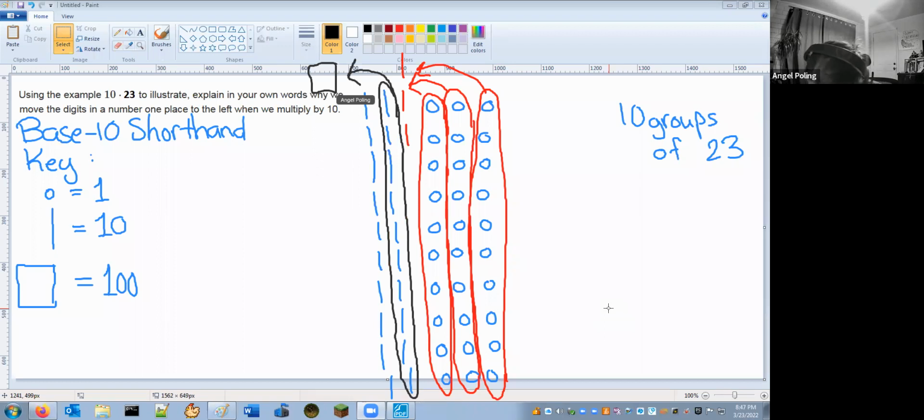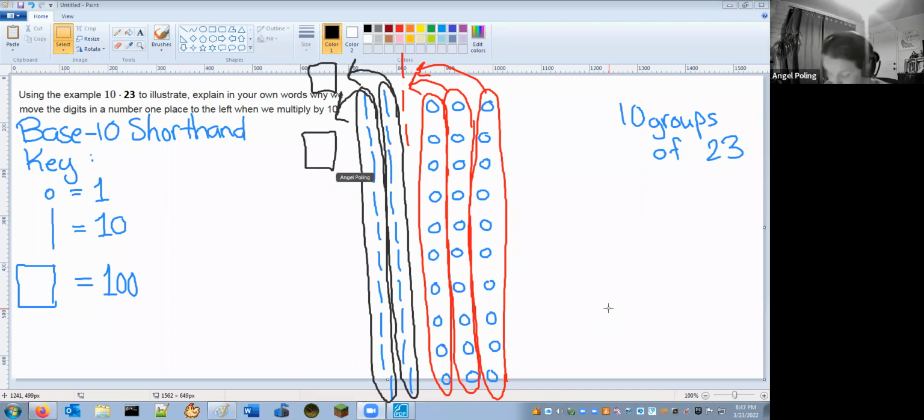And then another group of 10 rods and trade it out for a flat. And as a result, we have 2 flats and 3 rods, right?